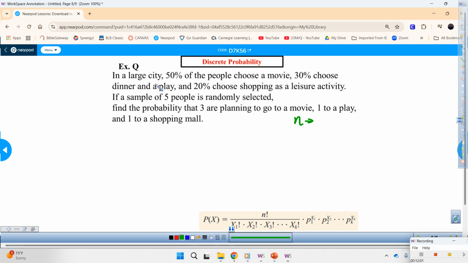It says, in a large city, 50% of people choose a movie, 30% choose dinner and a play, and 20% choose shopping as leisure activity. Okay, so they gave us percentages. It says, if a sample of 5 people are randomly selected, find the probability of 3 planning to go to the movie, 1 to go to the play, and 1 to go to the shopping mall.